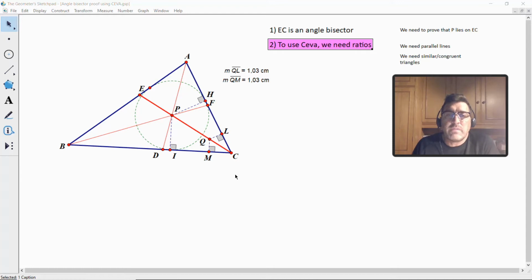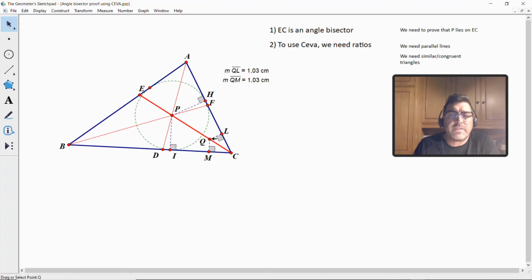Okay, so what I'm going to do is I'm going to suggest that we remember these two angles are equal, those two there are equal, these two bottom ones are equal as well. So if I use point C, and before I go there, let me just drag point Q over here.